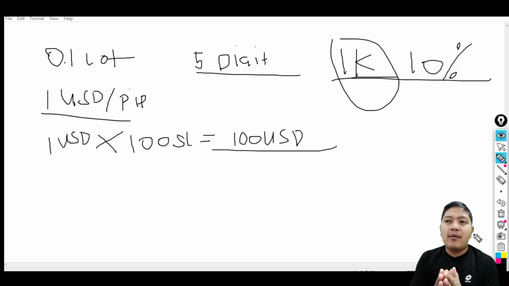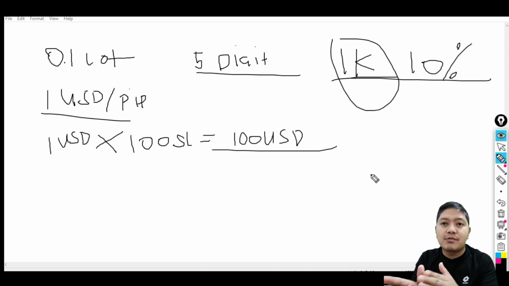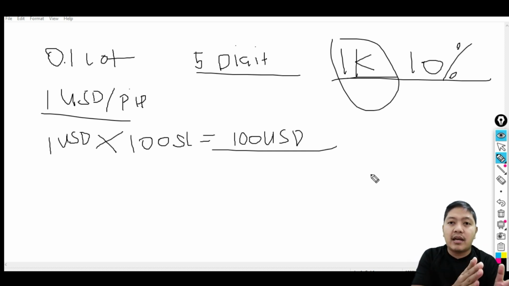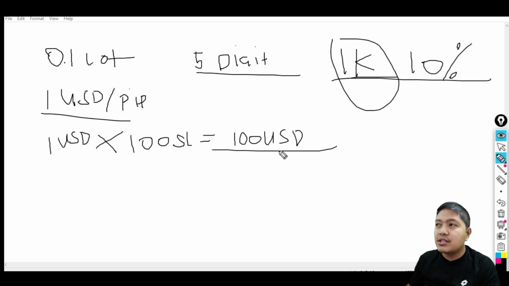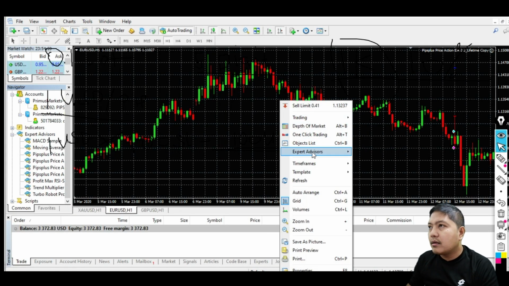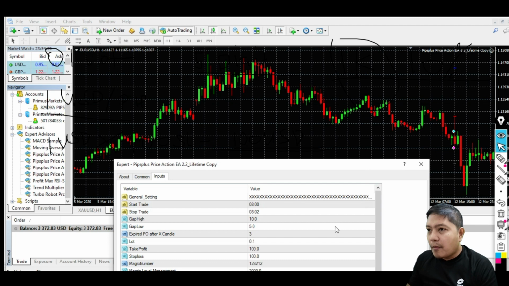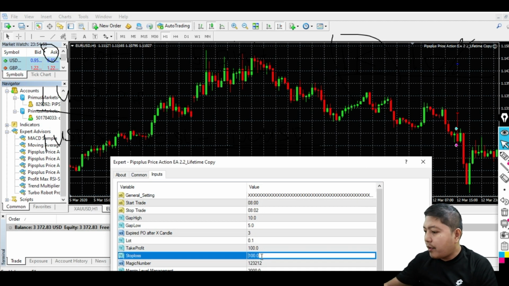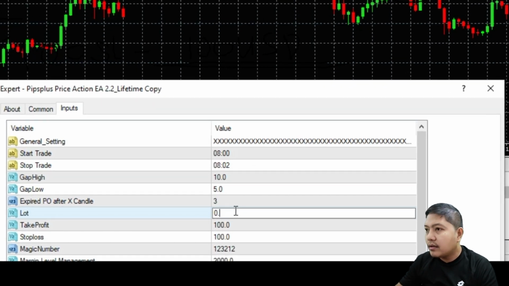So what if we use a diversification strategy, diversify your lot size across different pairs? Now you're risking $100. Why not diversify? Let me go back here. What if we use 0.01 lot, but we maintain the 100-pip stop loss?